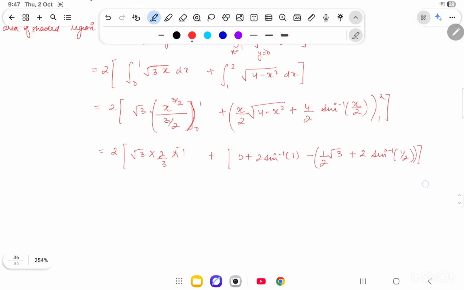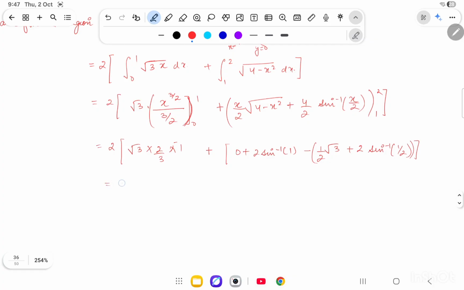Now let's just solve these values. It will give us 2 times 2 by under root 3 plus 2 into sine inverse 1, which is basically pi by 2, minus under root 3 by 2 minus 2 sine inverse 1 by 2, which is pi by 6 basically. So it will be pi by 6.